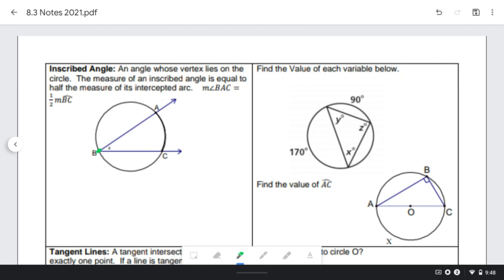The measure of an inscribed angle is equal to half the measure of the intercepted arc. And actually, cross this off. That shouldn't be BAC. That should be the measure of angle ABC is equal to half of the measure of AC.